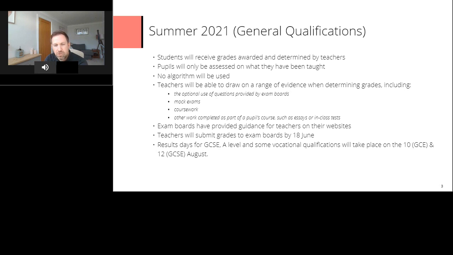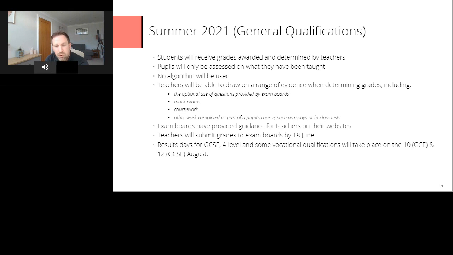Again, as has been stressed many times before, teachers will be determining grades and they'll be able to pull on and use a range of evidence when determining grades for their students this year. And that includes the optional use of the additional assessment materials that were produced by examination boards, any mock papers or mock exams that your students have sat using past materials or materials that you have devised and set yourselves.